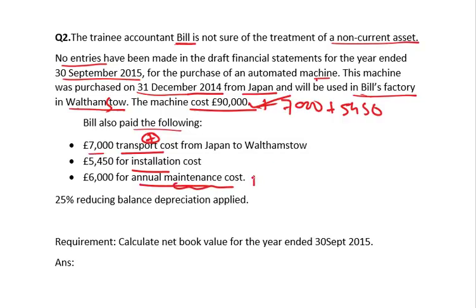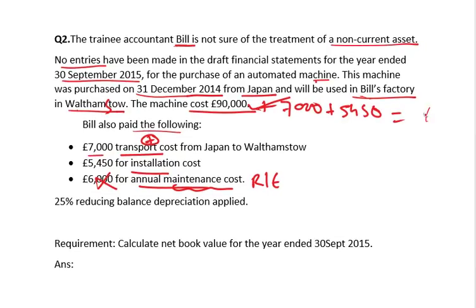This is a revenue expenditure. It's normal maintenance, not installation, so we will not take it into account. So I'll take my calculator. I got a figure of 102,450, and that's my capex, capital expenditure. That's the value of the machine Bill bought.